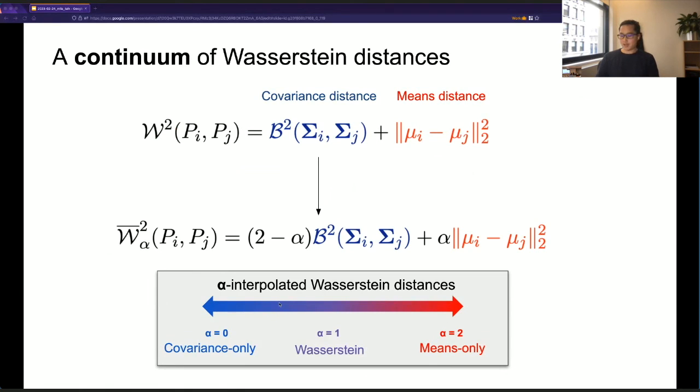So in the paper, we have some experiments where I have a whole bunch of untrained networks. You can think of this as very early development or something. How related are their covariances versus how related are their means right now? Then I have a whole bunch of trained networks. Let's look at the same thing. And we propose this as a nice diagnostic for how well trained a VAE is in our example.